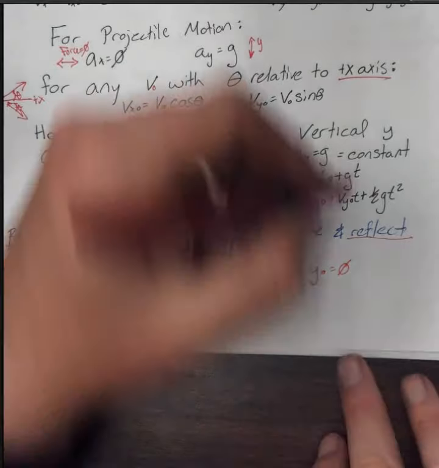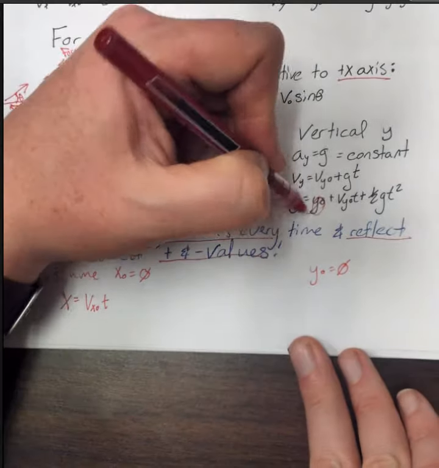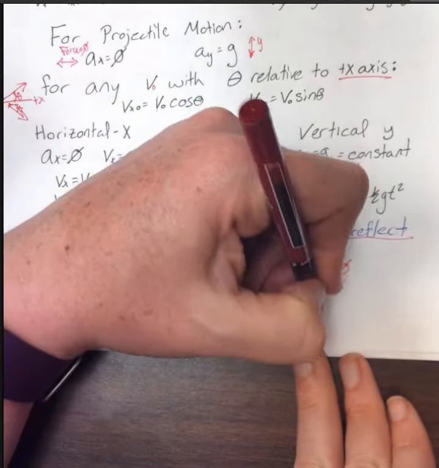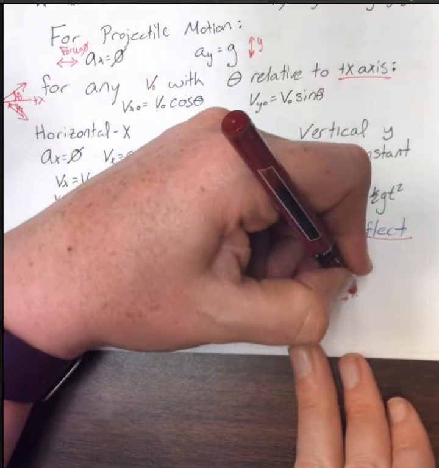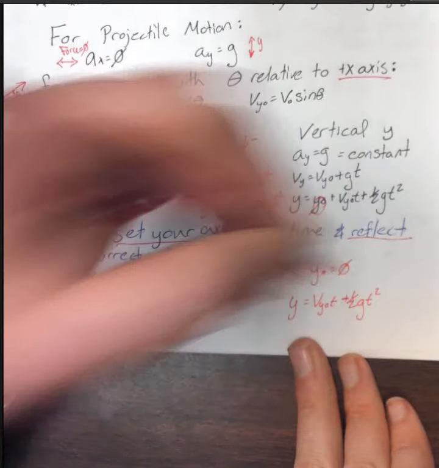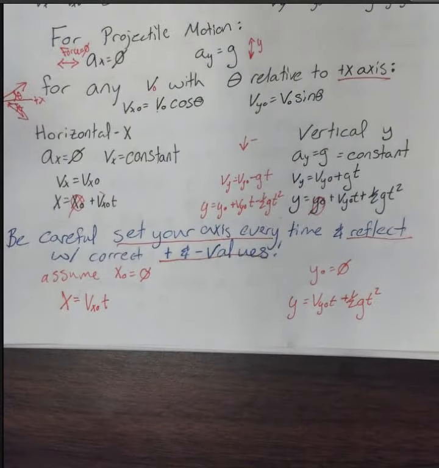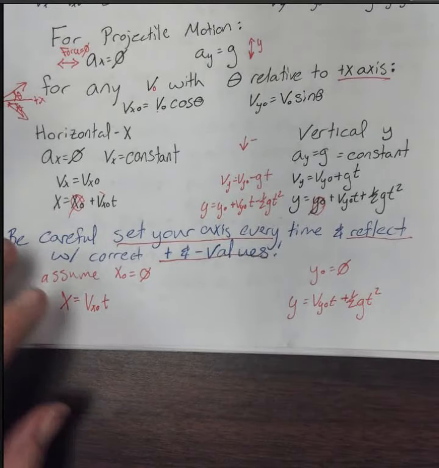And on this side, if we assume y naught is 0, then it becomes y equals vy naught t plus 1/2 gt squared. So setting your axis and simplifying your equations as much as possible gives you a really good start to this type of problem solving.